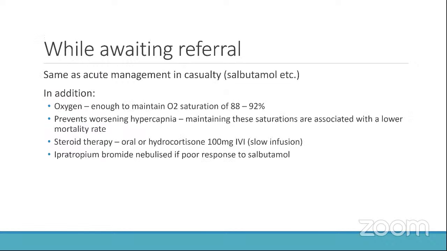While awaiting referral or EMS, patients should be given oxygen and bronchodilator therapy as well, and sats to be maintained between 88 and 92%, so as to prevent worsening hypoxaemia.